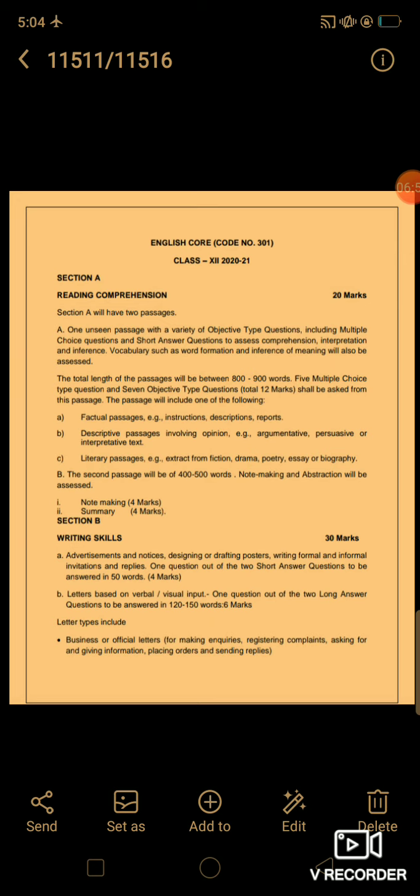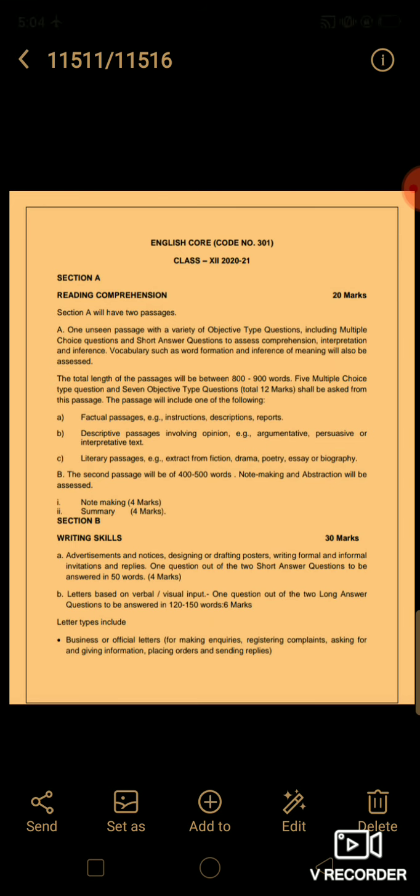Now come to the writing section, and first, question number 3, short composition: advertisements and notices, designing or drafting posters, writing formal or informal invitations and replies, and one question out of the 2 short answer questions to be answered in 50 words.